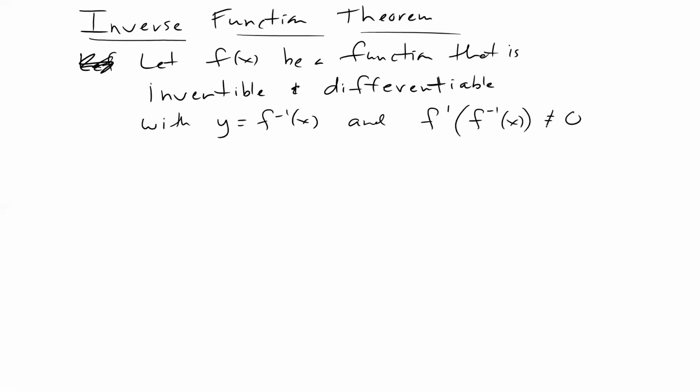So if that is all true, I have f of x, I can find the inverse of it, I can take the derivative of it, I can define my inverse function itself, and the derivative of it is not equal to 0. Then I have this one, which we wrote down on the previous slide. I can find the derivative of my inverse function based upon that right there. Okay, so that's one way of writing it.